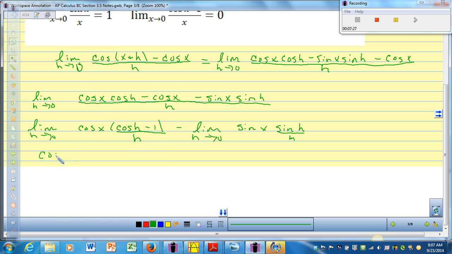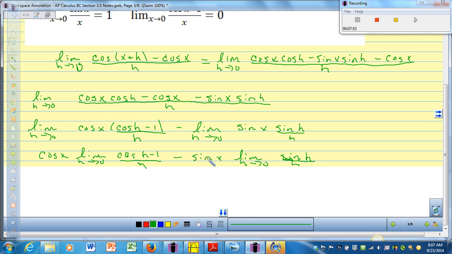So when we pull out the cosine x in front, times the limit as h goes to 0 of cosine h minus 1 over h, minus sine x times the limit as h goes to 0 of sine h over h.